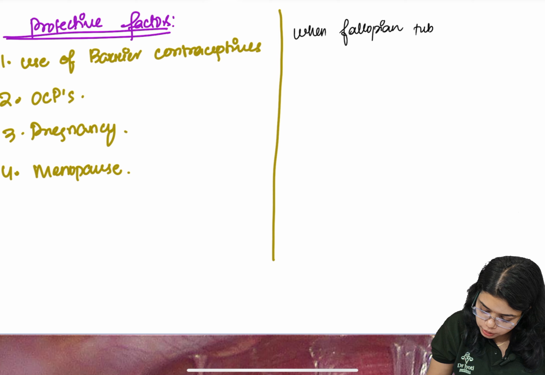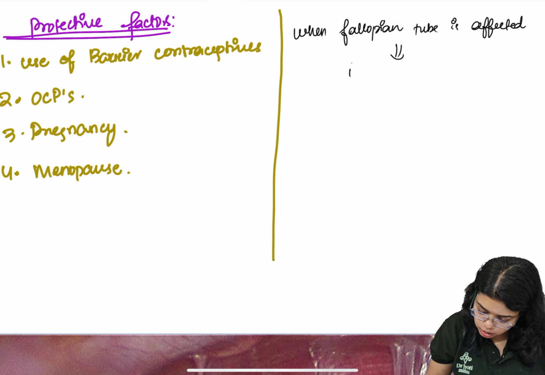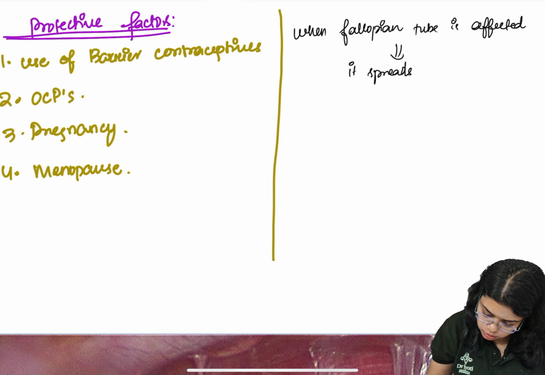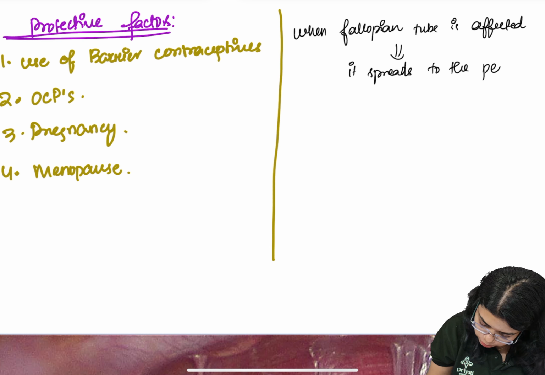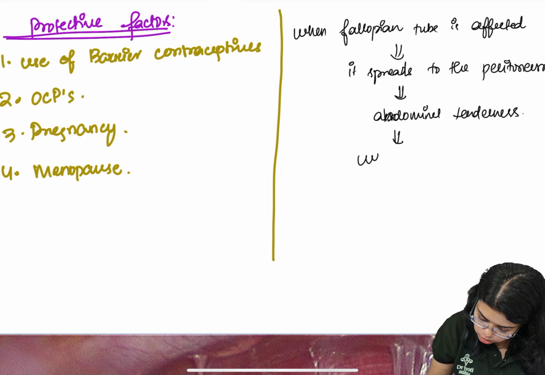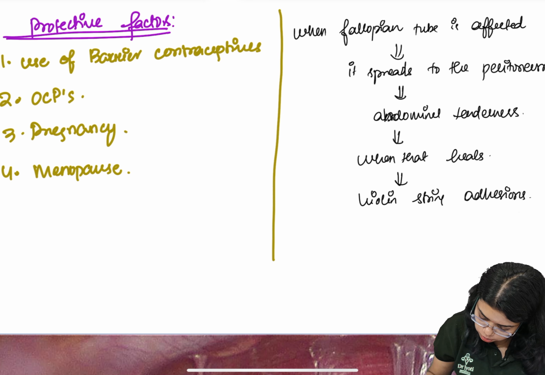So when the fallopian tube is affected, it spreads to the peritoneum and causes abdominal tenderness, and when that heals, violin string adhesions form between the liver capsule and the parietal peritoneum.